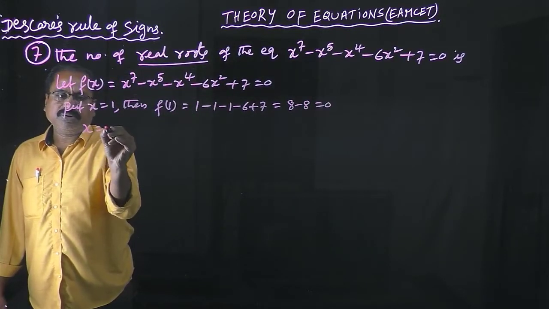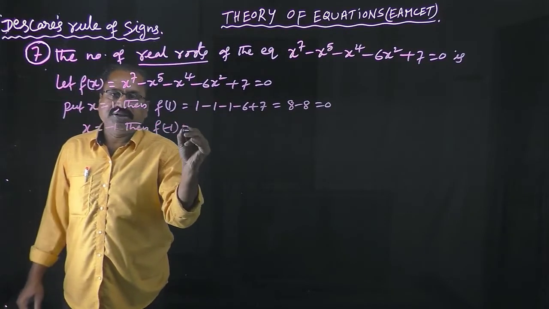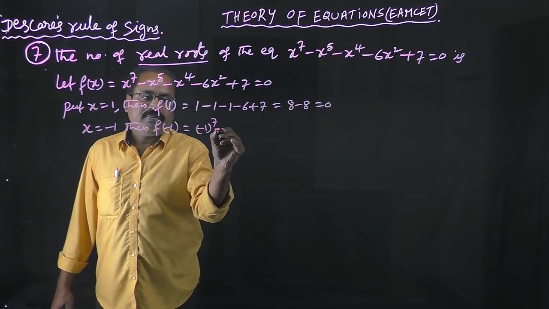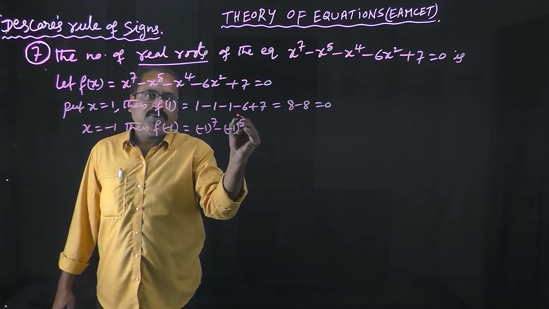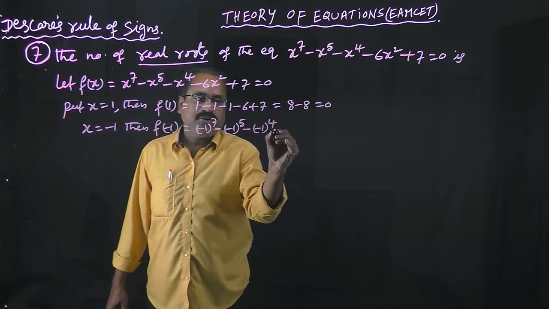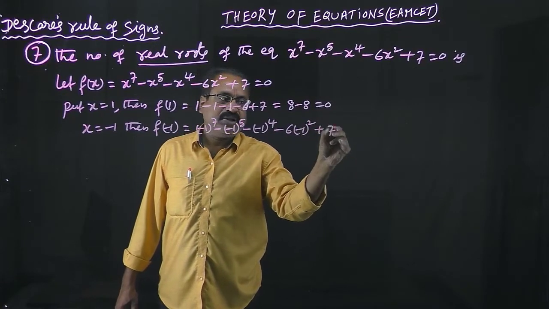X is equal to minus 1. Then f of minus 1 is equal to minus 1 whole power 7 minus minus 1 whole power 5 minus minus 1 whole power 4 minus 6 into minus 1 whole square plus 7.